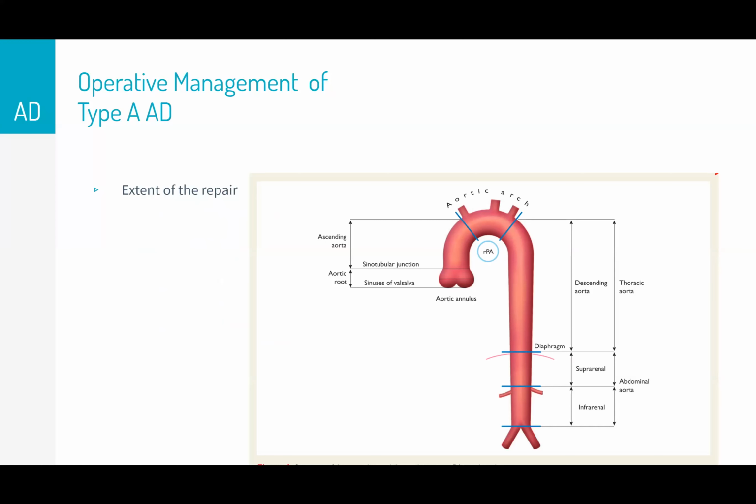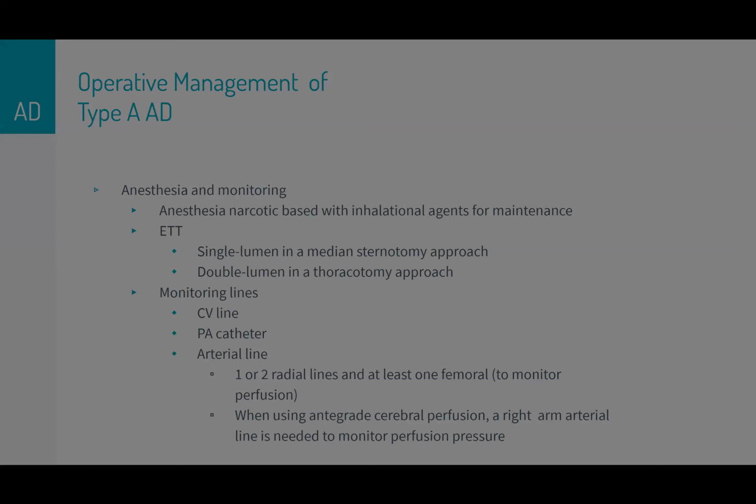If it affects the valve and causes regurgitation, you will look at the kind of dysfunction and the mechanism of regurgitation. If the valve and the annulus are not affected and intact, then you would do valve sparing. If they are affected, then you would do a Bentall procedure, a composite graft Bentall procedure. Are the coronary ostia affected or not? Also, is the arch involved or not? So these things you need to know before you go to surgery, and you need to plan your repair.